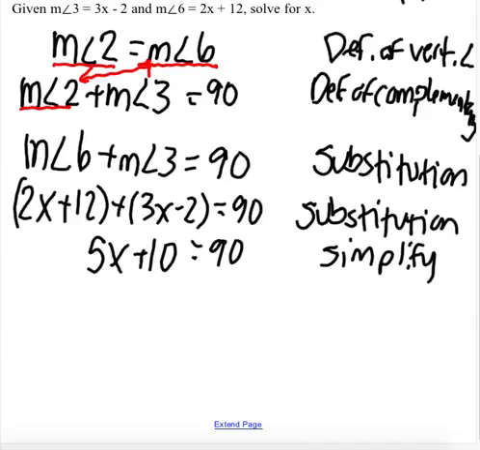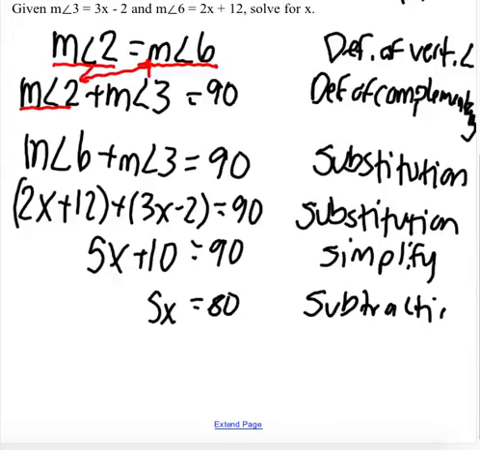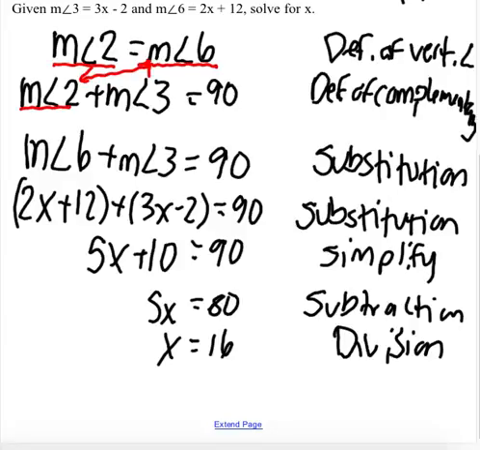And then we're going to subtract. So 5x equals 80, by subtraction. And x equals 16 by division. It only asks us to find x. So that's all we're going to do.